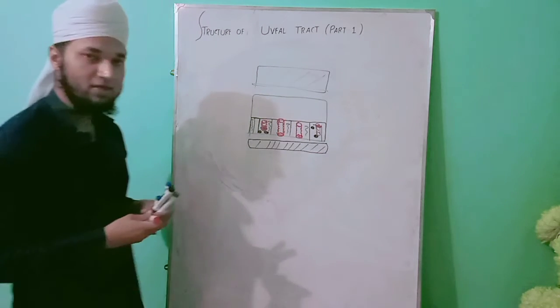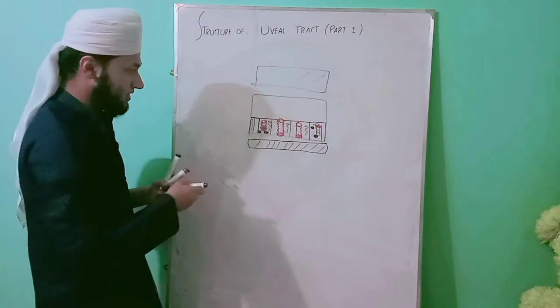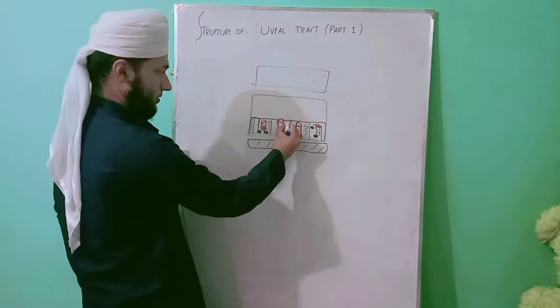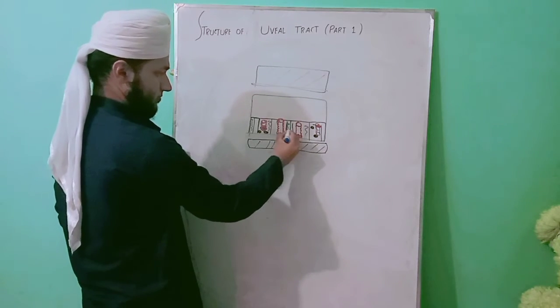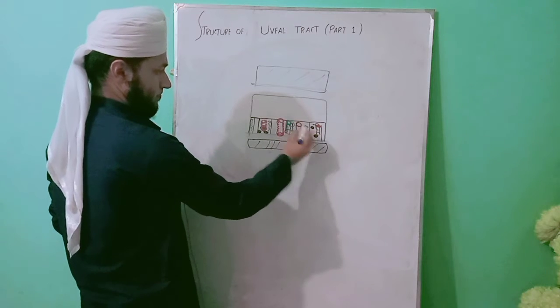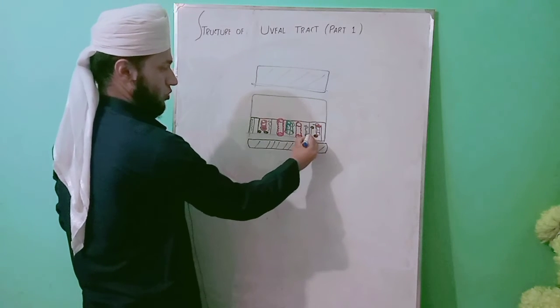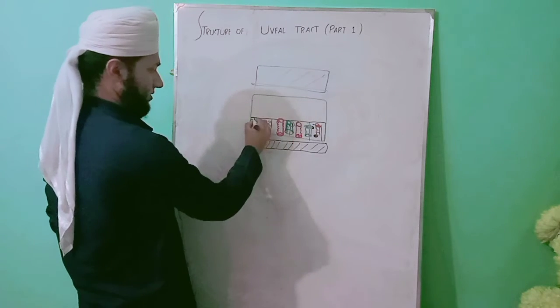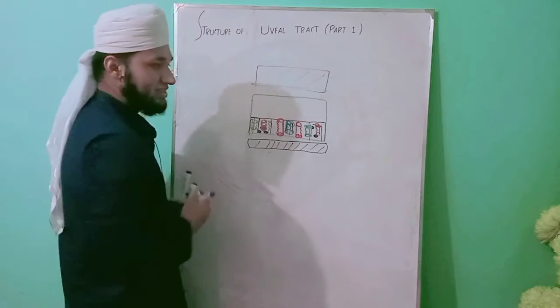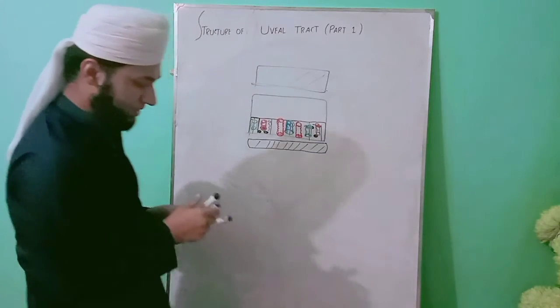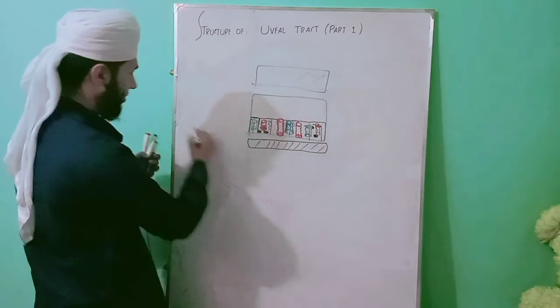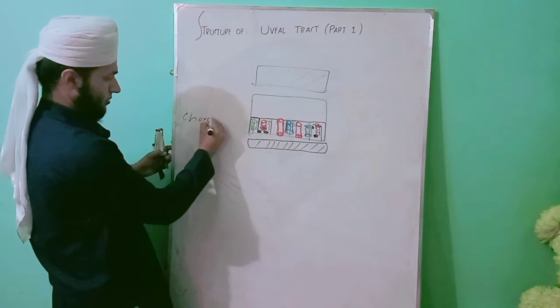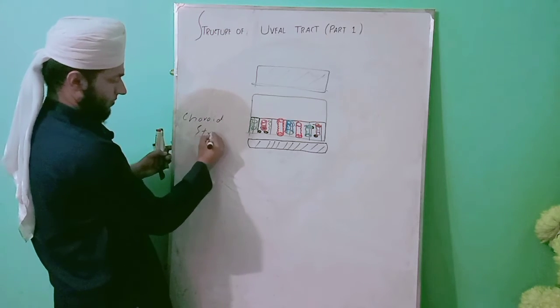These are choroidal arteries. Then choroidal veins are also present in this layer. These are choroidal veins. What is this layer called? This layer is called choroidal stroma.